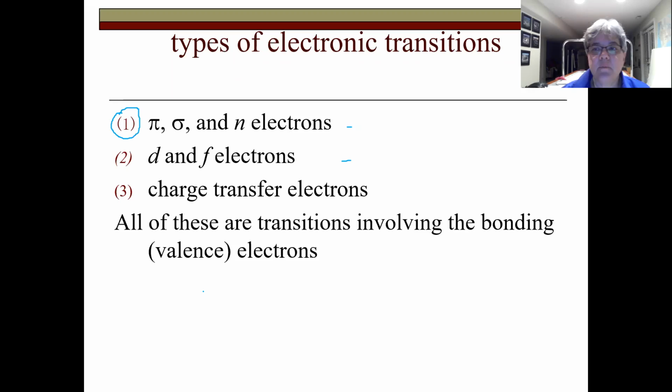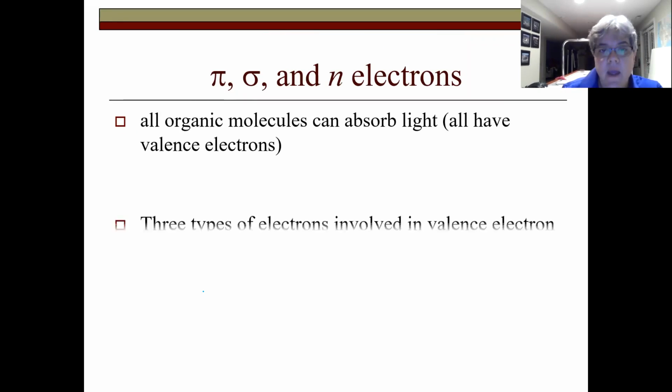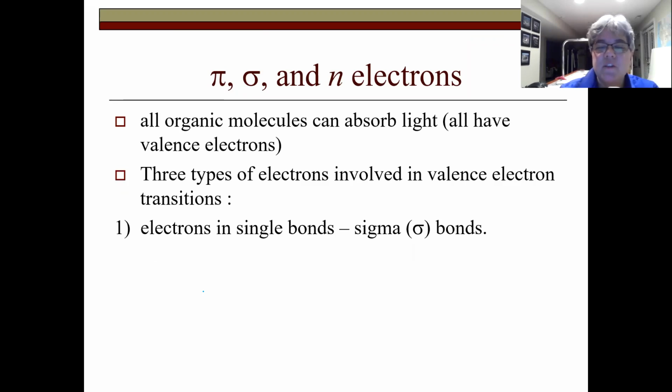So let's just review what that is. And again, all of these are those valence bonding electrons. So all organic molecules can absorb light because they all have valence electrons. And so we talk about these 3 kinds of electrons. The first one are the electrons that are in a single bond. And all organic molecules have single bonds.